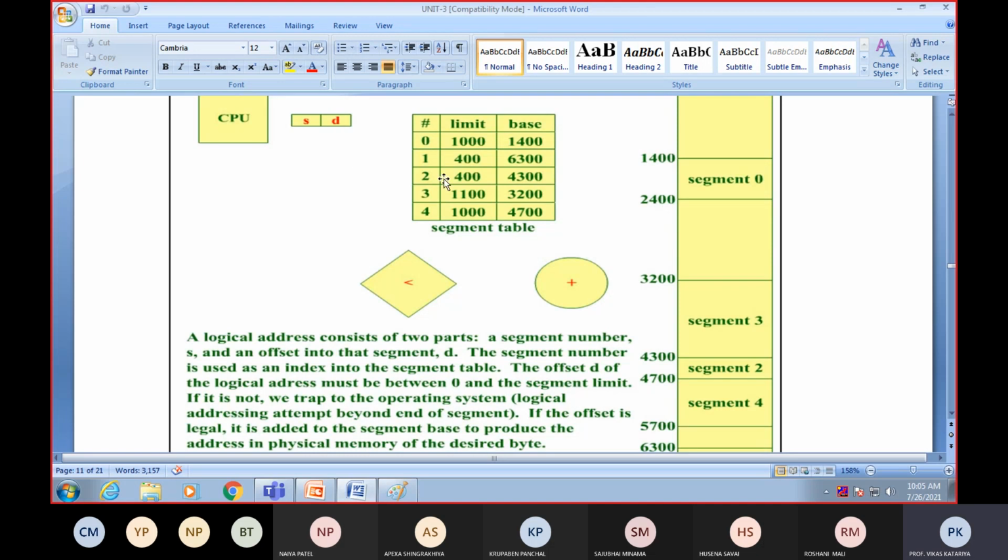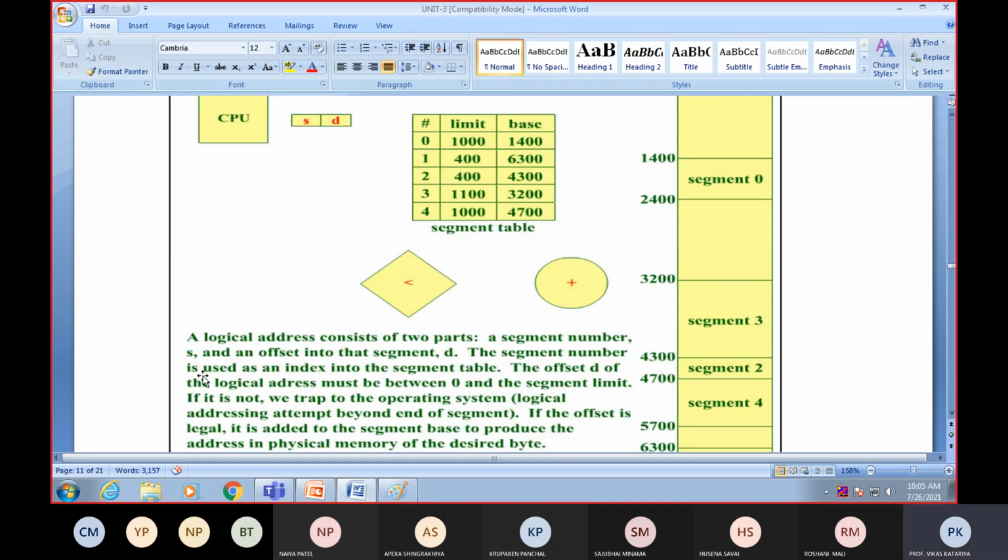Byte offset means, from the base address, how many lines we are interested in reading and writing. Because segment number 0 contains 1000 lines, I can read 500 lines, 600 lines, 676 lines, right? Whatever number of lines we are interested in reading is given in the D section, that is the byte offset.